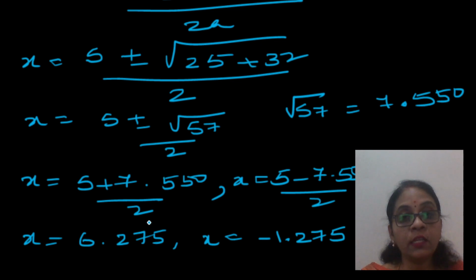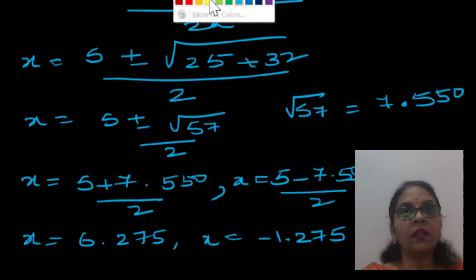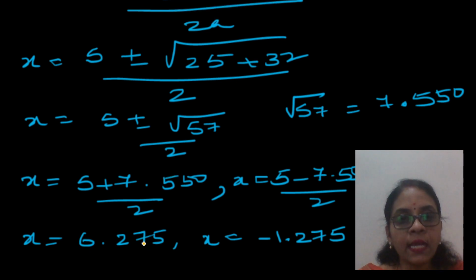Give your answer to 2 decimal places. Now how do you round off, children? What is the second decimal place here? 7 is the second decimal place. What is the value of the digit right to 7? It is 5. If this is 5 or more than 5, the digit which is underlined that we have to round off increases by 1.